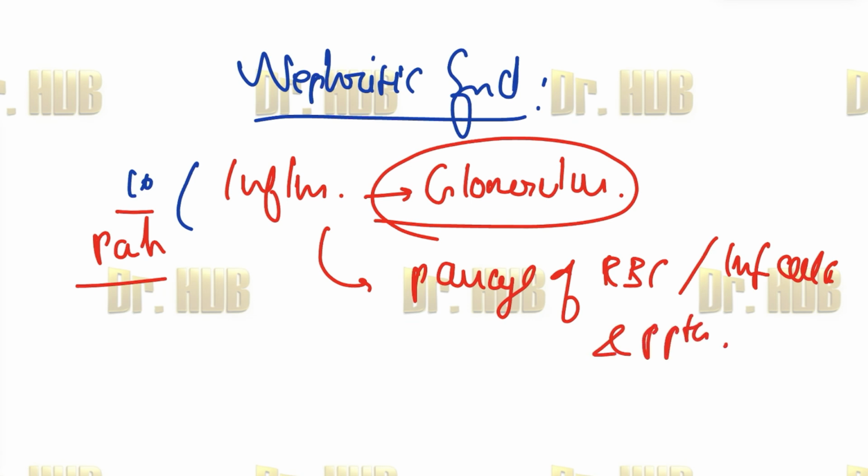Next, looking at the principal site of the glomerular injury. In terms of the nephrotic, we saw it was the visceral epithelial cells, the podocyte. Whereas in case of the nephritic, the principal site of glomerular injury will be the endothelial cells.